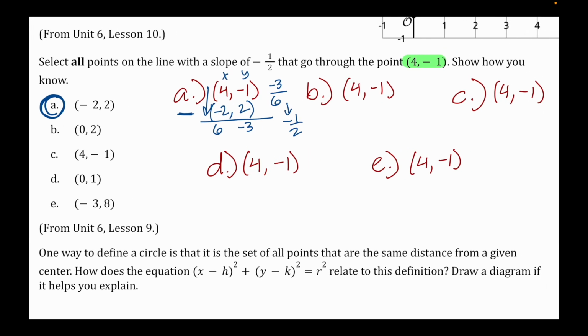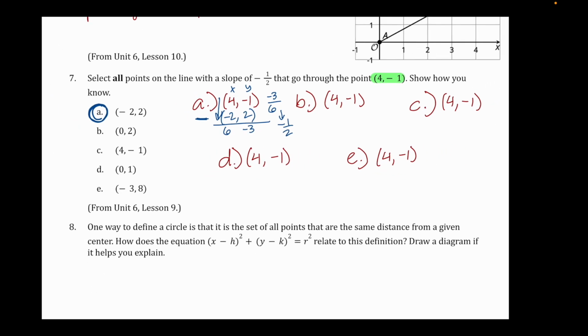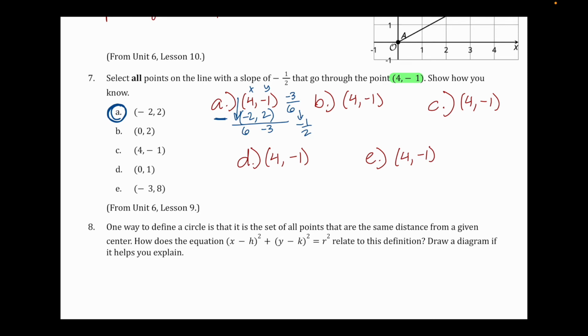Now, I guess I didn't really explain why we're just finding the slopes of all these points, but it's anything on the line, and the specific line is -1/2, with a slope of -1/2 that goes through 4 comma -1.